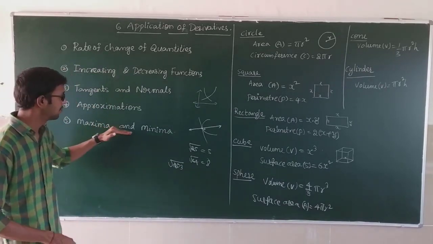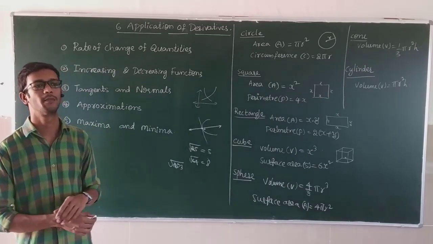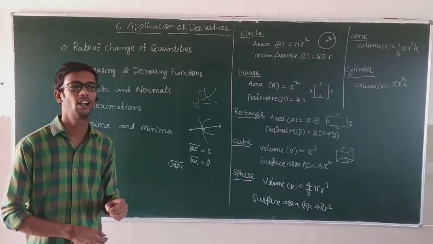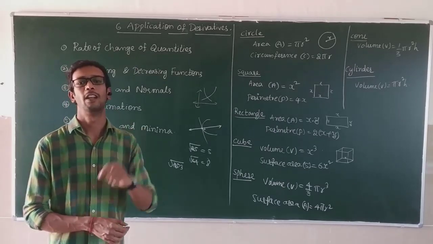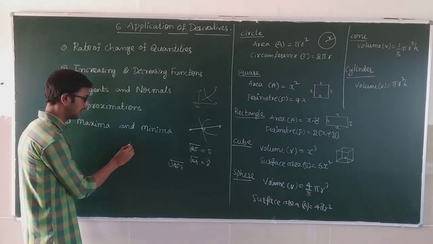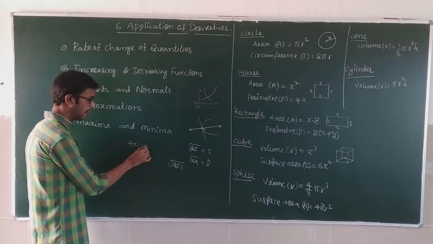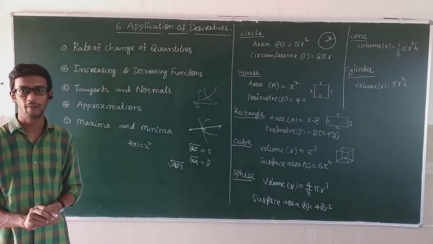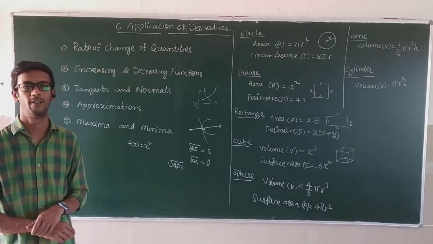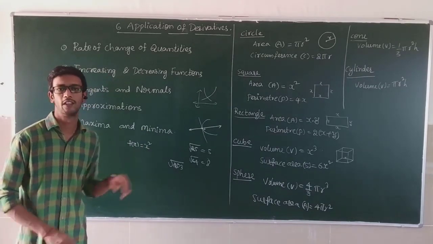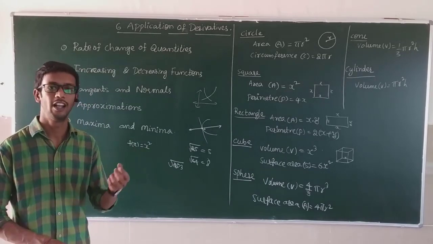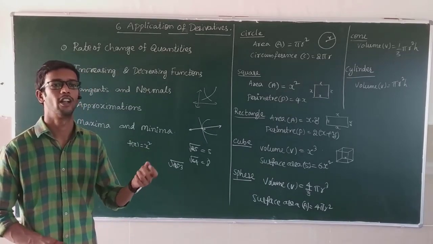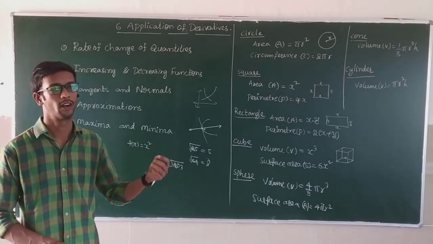Next, maxima and minima. One function is there. What is the maximum value of that function? What is the minimum value of the function? For example, f of x equals x square, defined for real numbers. So f of 0 is 0, f of minus 1 is 1, f of 1 is 1, f of 2 is 4, f of minus 2 is 4.